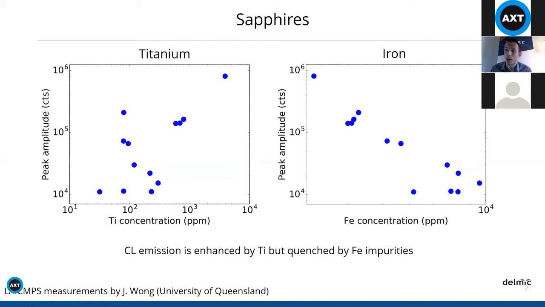But that means that if you see a reduction in your CL peak, it can either be because the titanium concentration was reduced or because the iron concentration increased. So for quantitative measurements, you have to be careful about these things. But if you measure both concentrations, then it's still possible to do a correlation, of course.